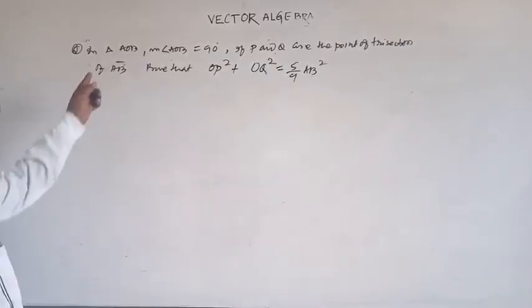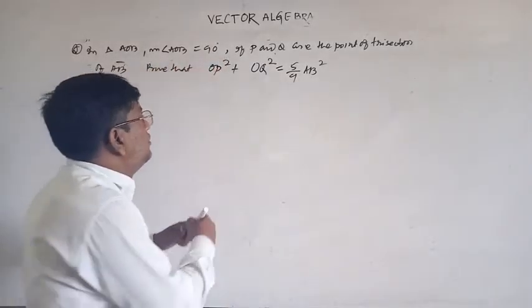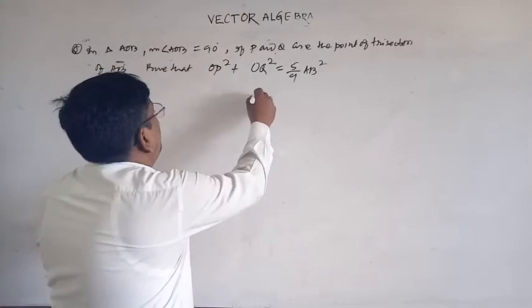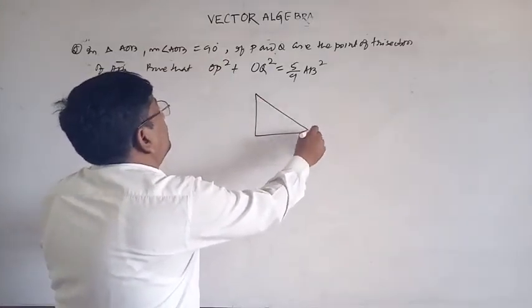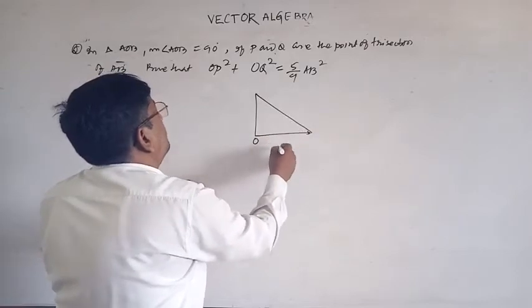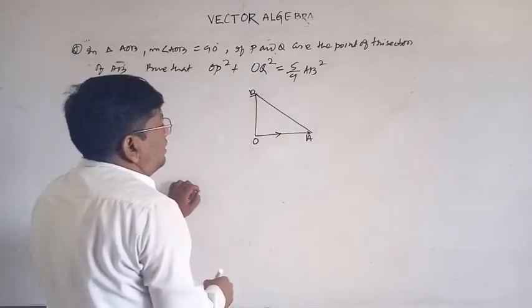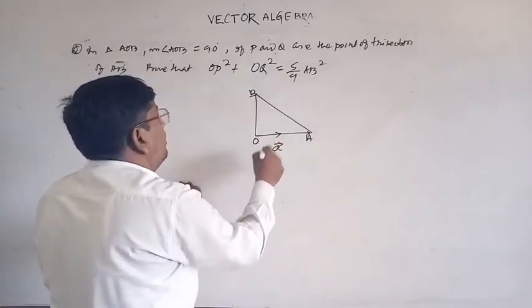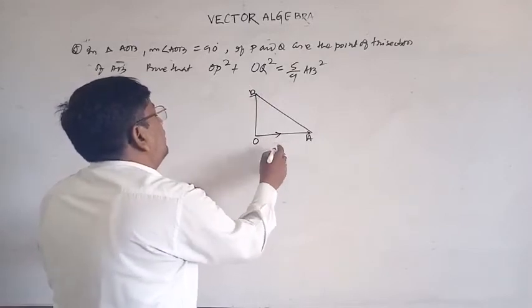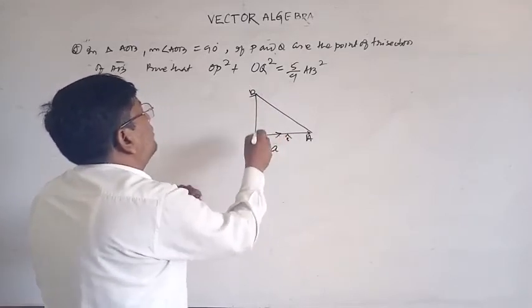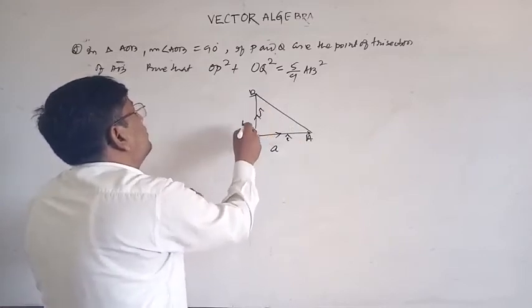Now, in triangle AOB, angle AOB is 90 degrees. This is a triangle. This is O, this is A, and this is B. This is the x-axis. Suppose its length is a, and the direction is i cap, and this length is b, and the direction is j cap.